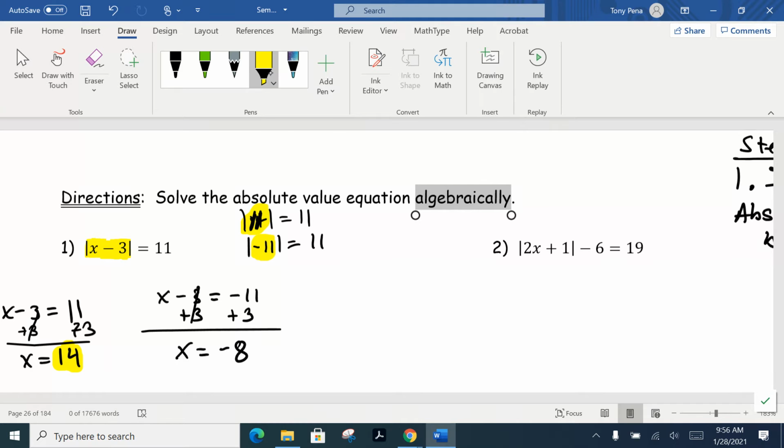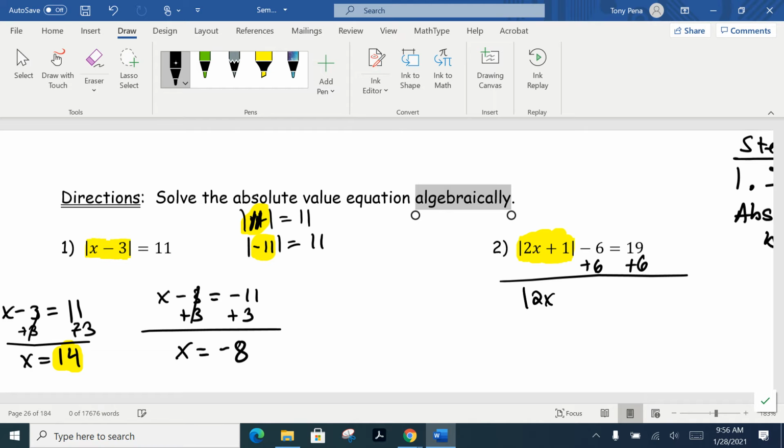If I look at number 2, however, here's my absolute value bars when I have them highlighted. Those are not by themselves right now. That little pesky minus 6, we don't want that there. So if we're going to isolate this 2x plus 1, what we're going to do to make that work is we need to add that 6 over. That has to be your first step.